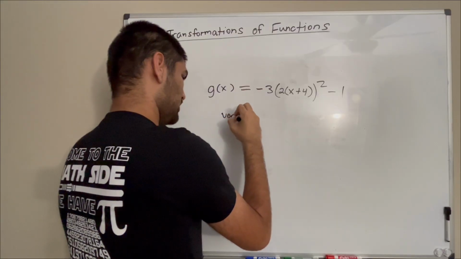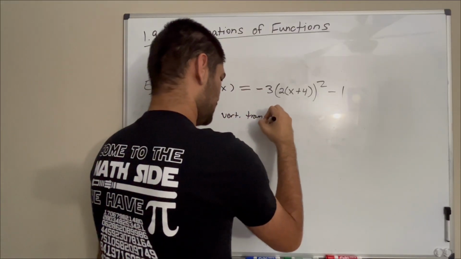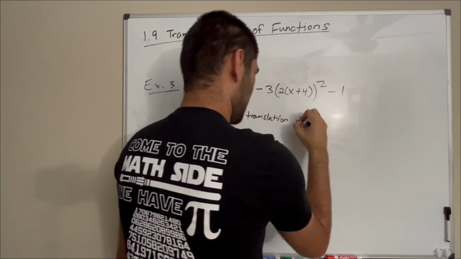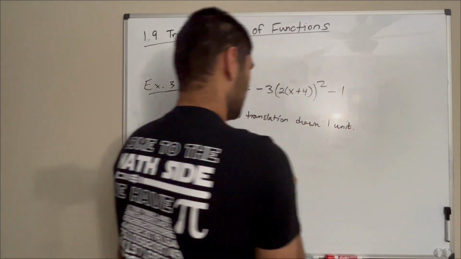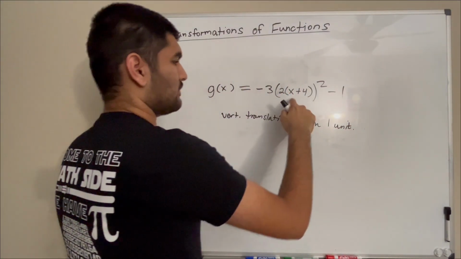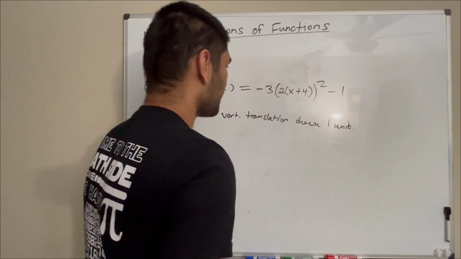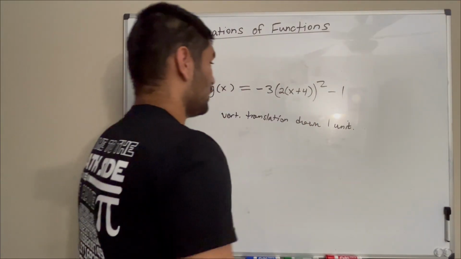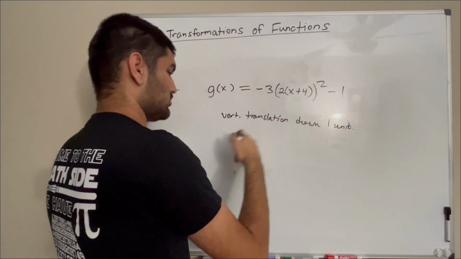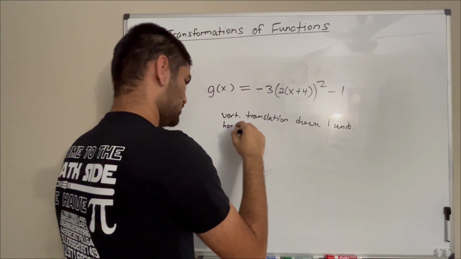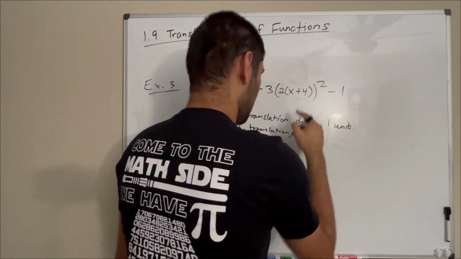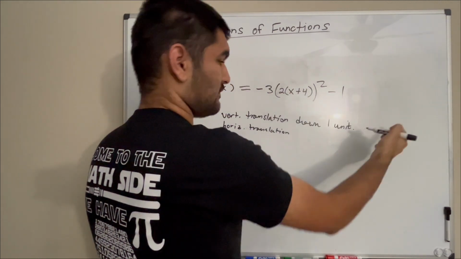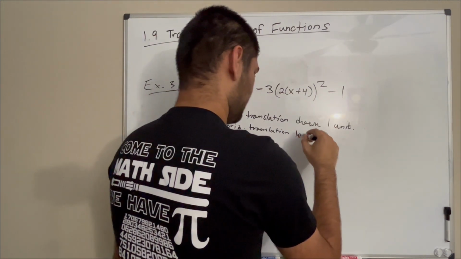We have a vertical translation down 1 unit. Next, we have a horizontal translation, and this is negative, right? Because x minus negative 4, so it's to the left.